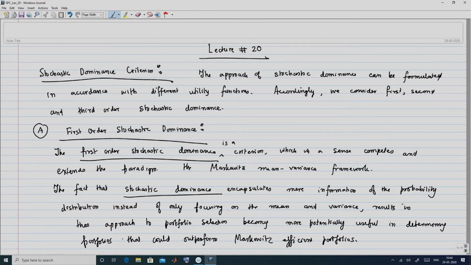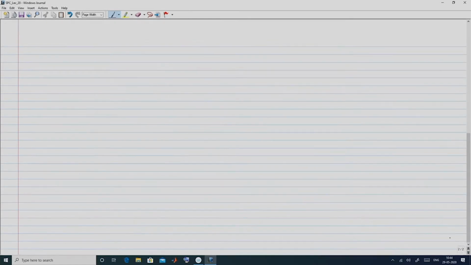Right. So, this means that if you take this approach of portfolio selection, it potentially could end up determining portfolios that perform better than the portfolios on the efficient frontier that we saw using the Markowitz mean variance framework.